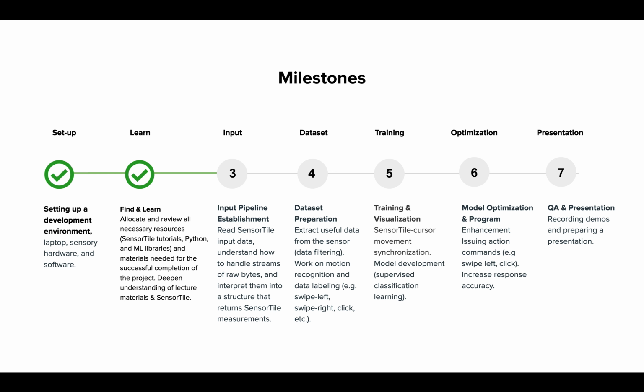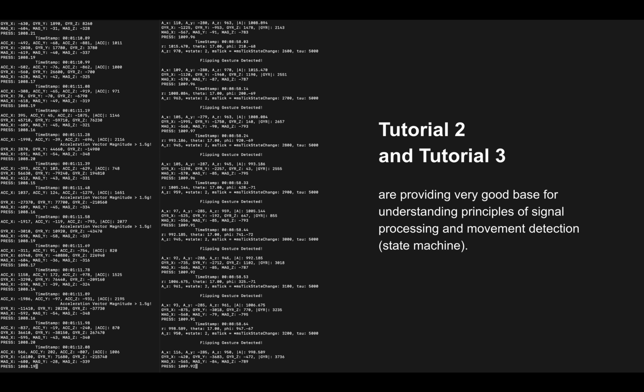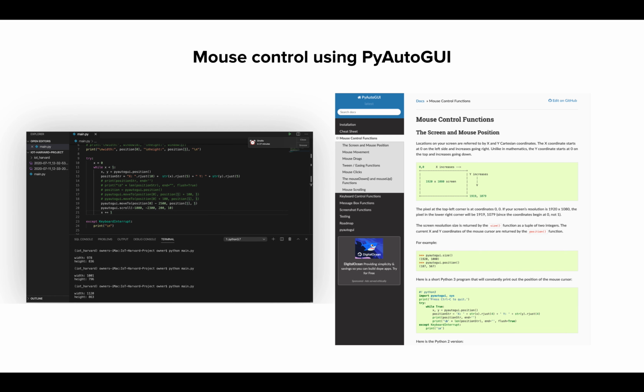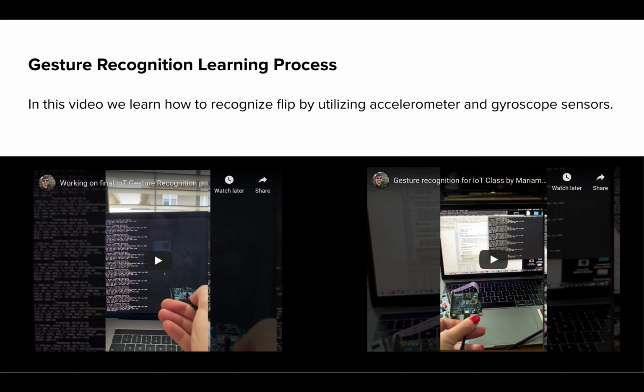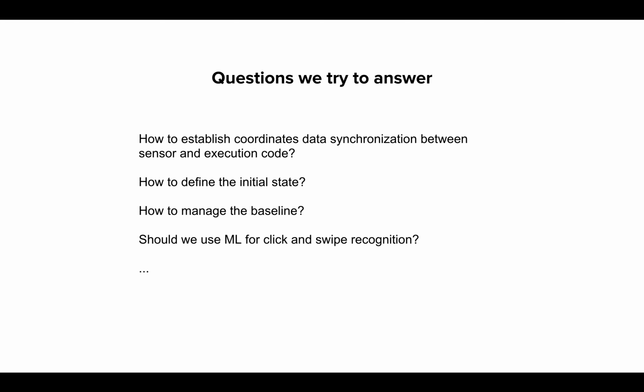This is our first report we've done on the setup and learn, and I will show you the progress within our second report. Again, we went through tutorial 1 and 2 to understand how those measurements are acquired and how we can use them. We explored the options to manipulate the mouse over the screen, and here we have two samples of how we use the motion detection to integrate it within our project.